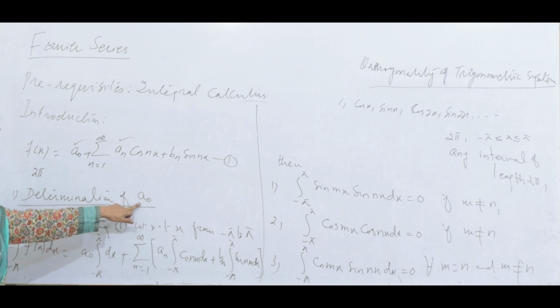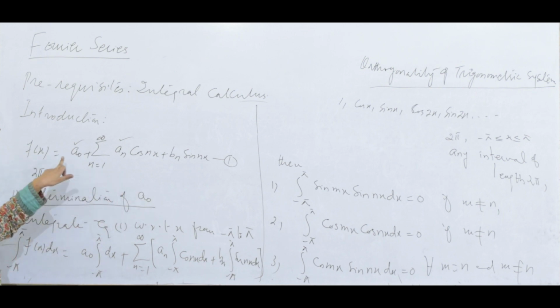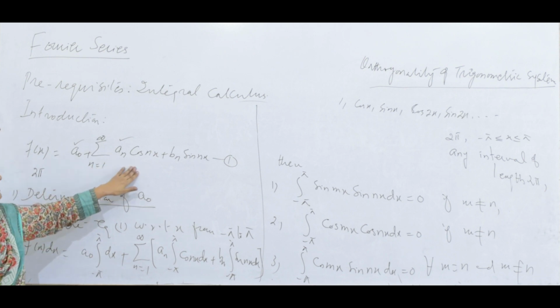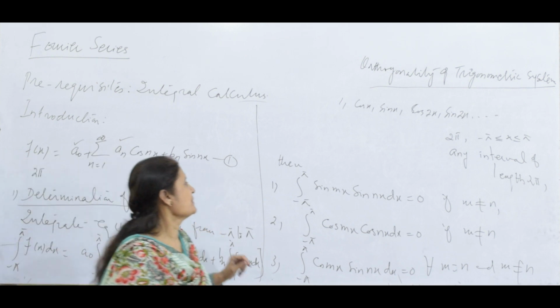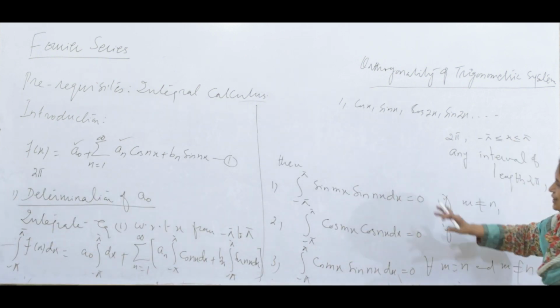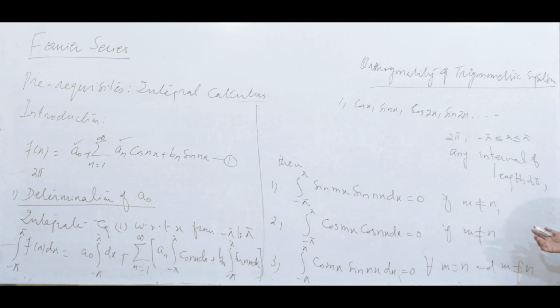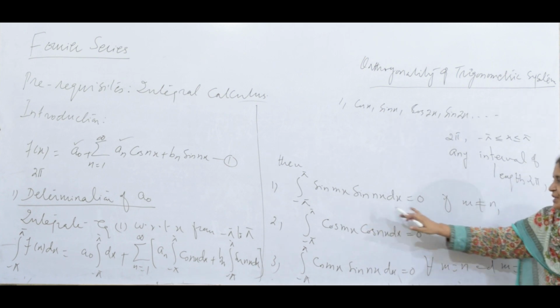So I am determining a naught. The procedure is you have to integrate this equation with respect to x between the limits minus pi to pi, each term. Let me rub this side because this is familiar to everybody now. If they are unequal, it is 0.